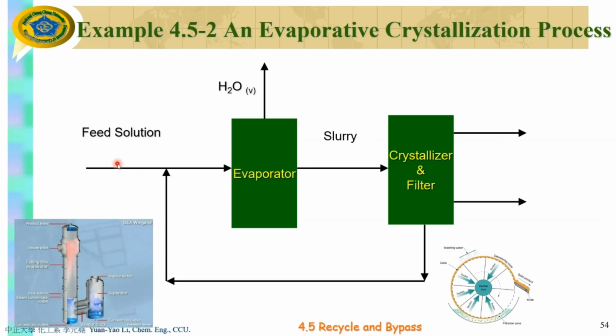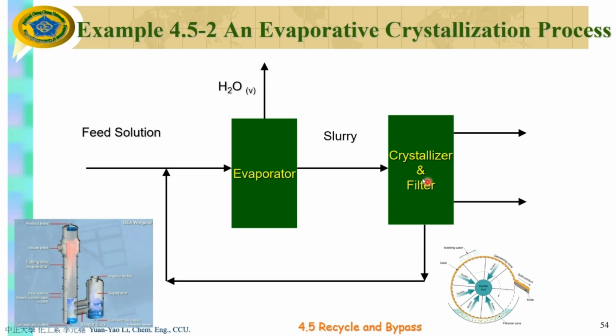It goes through the evaporator, and we take out water, and the concentration of the potassium chromate becomes higher, and this is what we call slurry. Slurries look like mud, right? So this is a solution, it's like water, and because we use the evaporator, it becomes slurry.